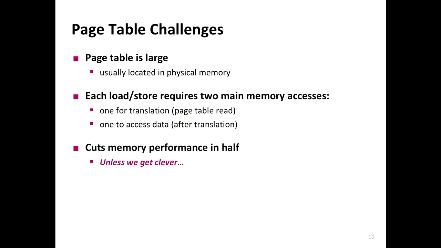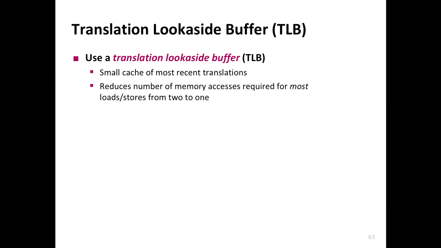So what is typically done is we have a translation look-aside buffer. Now, the translation look-aside buffer is kind of a cache for the page table. So you have the most recently used translations which are present in the page table, and you store them in this translation look-aside buffer, which basically means you don't have to make 2 main memory accesses.